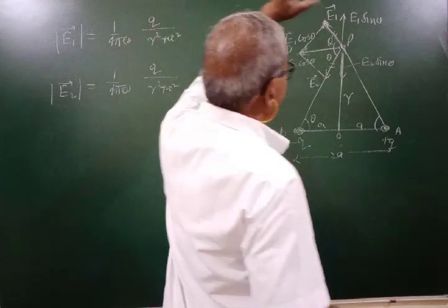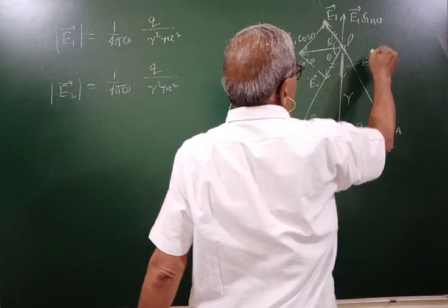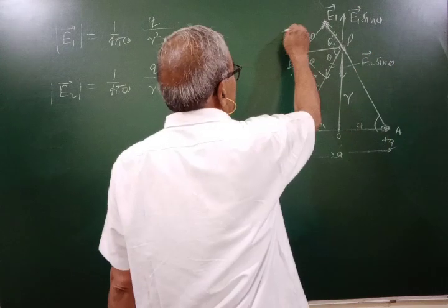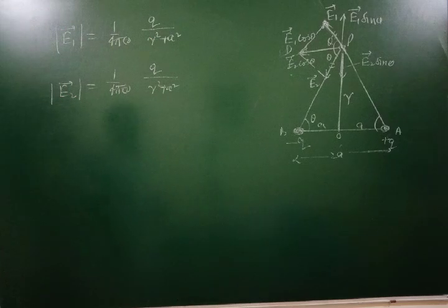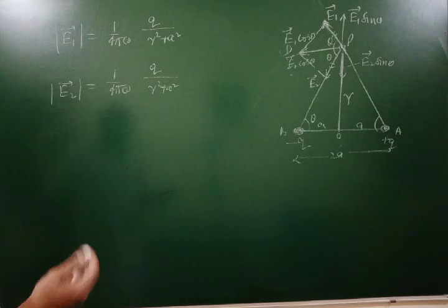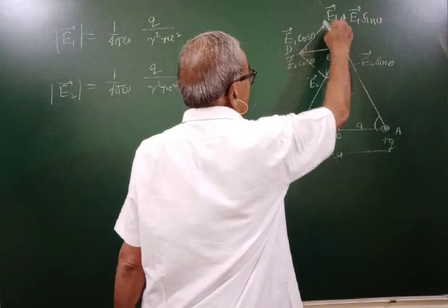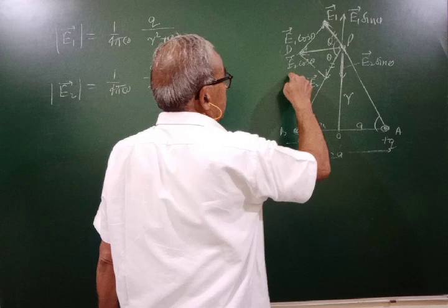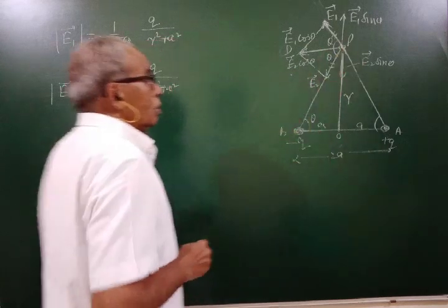Here you can apply the law of parallelogram also. So you can resolve components: E1 sin theta, E2 sin theta. E1 cos theta is the component of E1 along this diagonal, and E2 cos theta is the component of E2 along the diagonal.